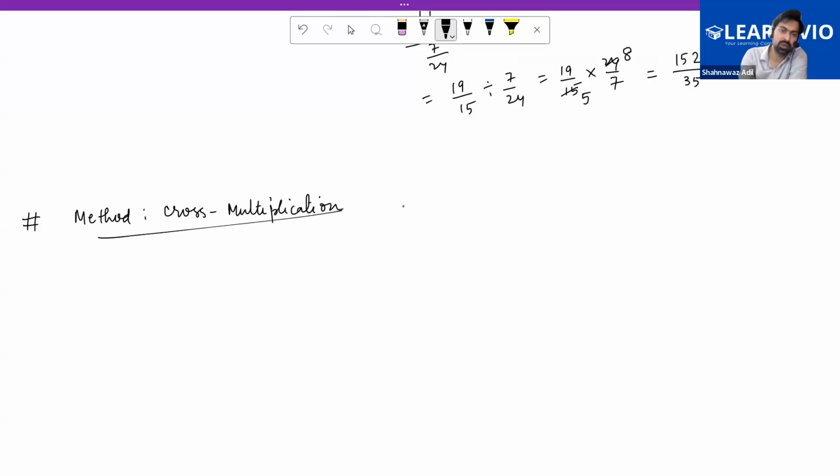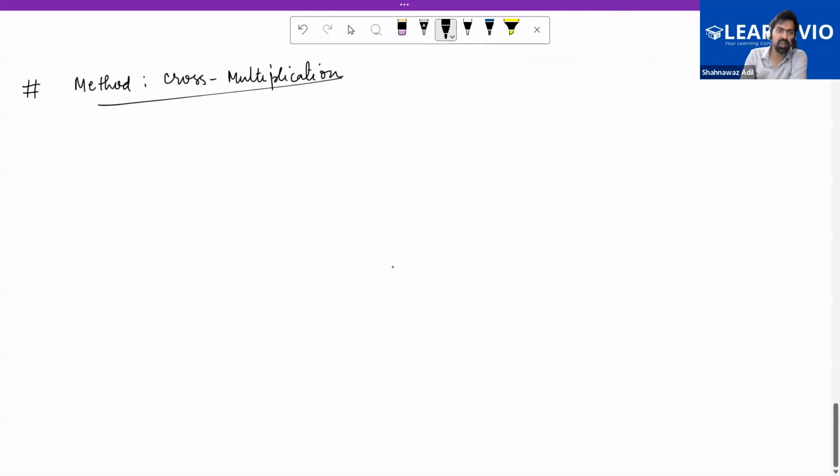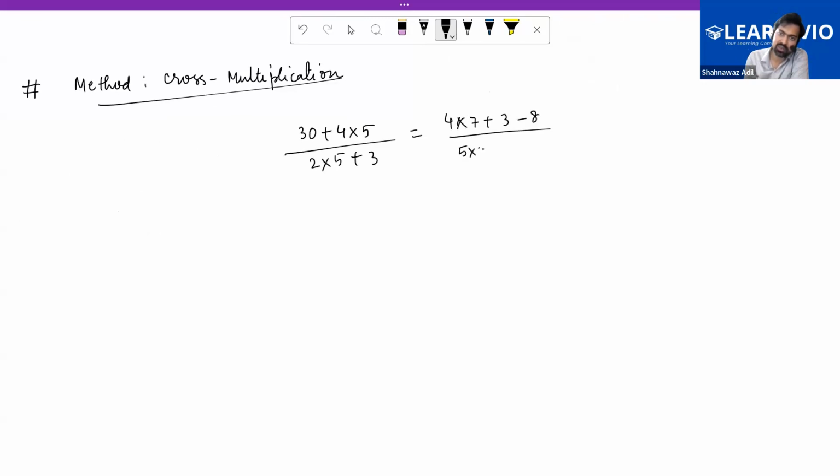The next thing is the method that you have learned, and that is cross multiplication. You have come across questions in which you have 30 plus 4 into 5 divided by 2 into 5 plus 3, equals 4 into 7 plus 3 minus 8 divided by 5 into 2 plus 3.